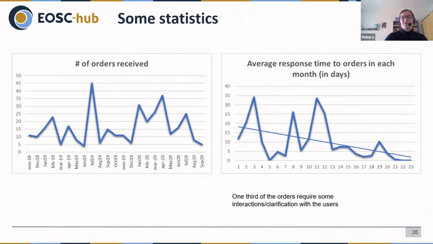As you can see, in the beginning there were some peaks of time. This is because the workflow that I just described took some time to be cleaned up and to have all the procedures in place, so that the shifter knew very well what to do with each order. But we have worked a lot on improving the workflow and on building this back office system, so that now the response time is normally within a couple of days.